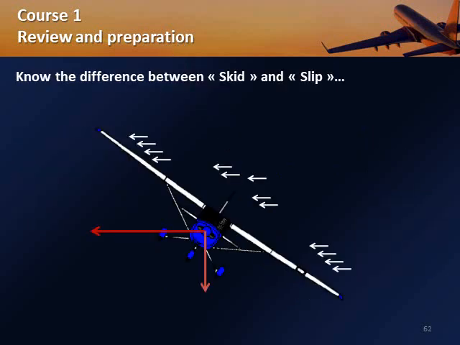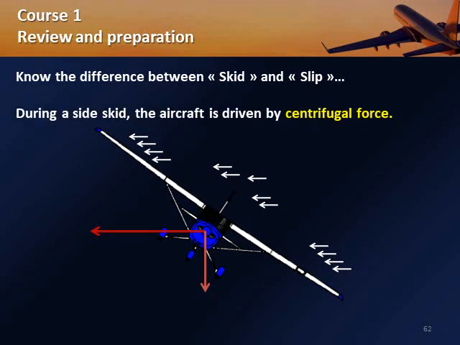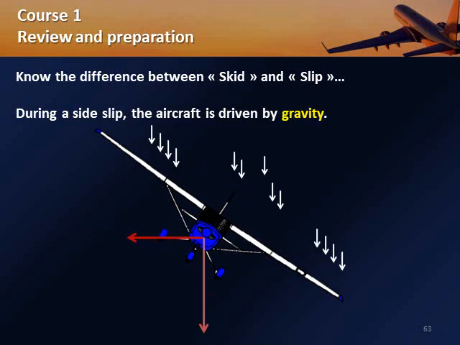Difference between skid and slip in a turn. During a skid, the aircraft is driven by centrifugal force, meaning you're turning, but you're actually sliding out of the turn. During a slip, the aircraft is actually driven by gravity, meaning the centrifugal force is not as strong, so the aircraft is actually losing altitude.